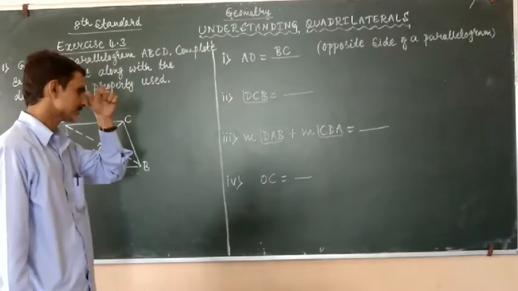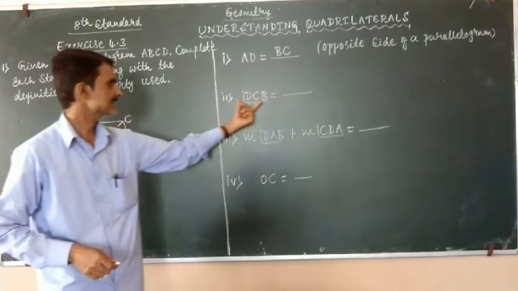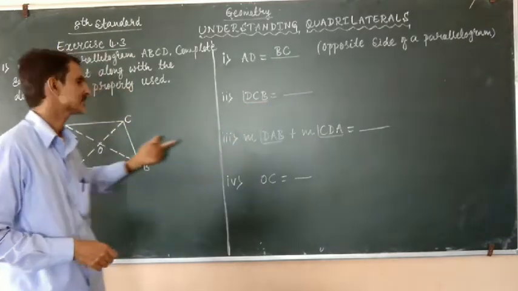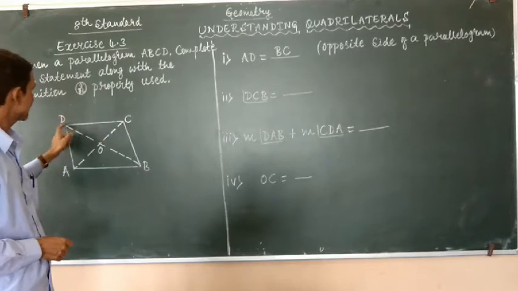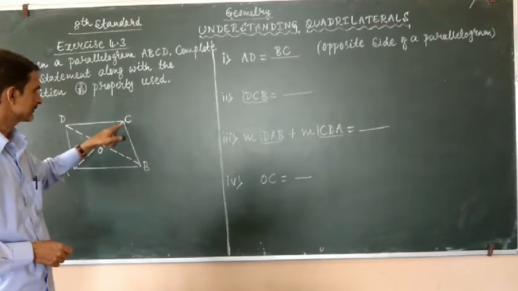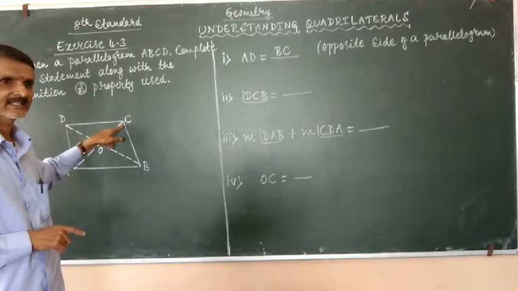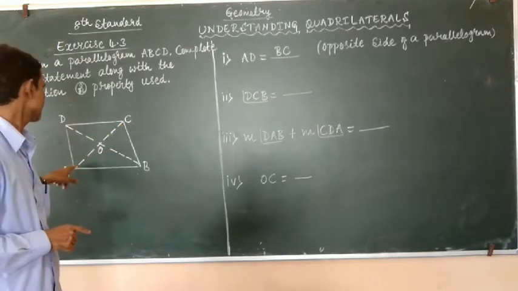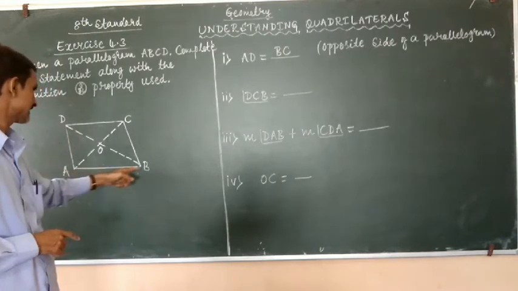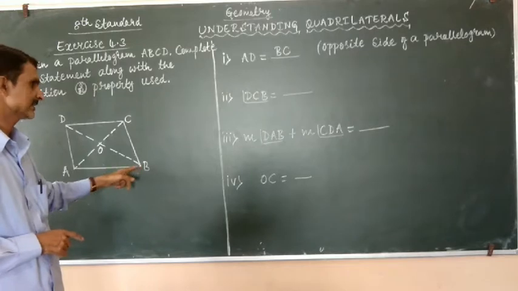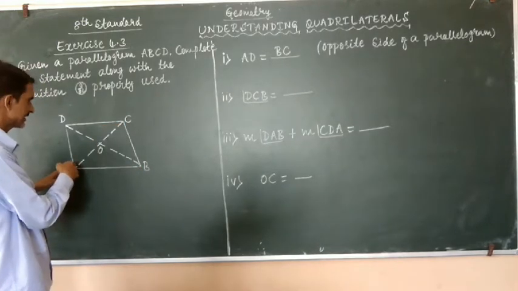Next, the second statement: angle DCB, or you can simply write angle C. The measure of angle DCB must be equal to angle A, which you can write as angle DAB.